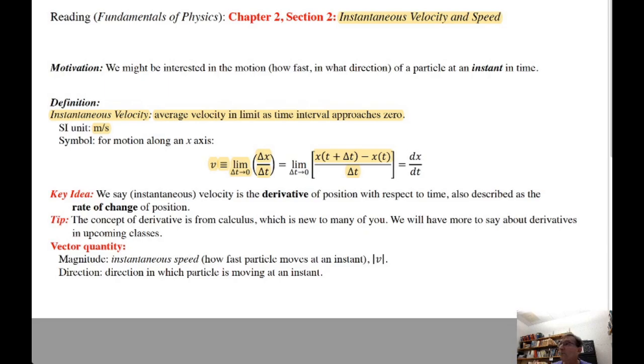Sure does seem so. But here's where the whole idea of this limiting process is very clever. It turns out that the numerator, x at t plus delta t minus x at t, is also going to 0. So what I actually have is a fraction with a 0 divided by a 0.